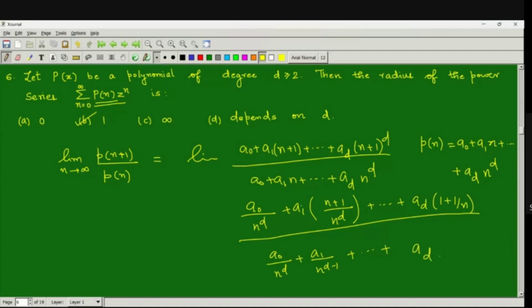As n tends to infinity, the numerator goes to ad, and the denominator also goes to ad. So the limit is 1. And this is how we calculate the radius of convergence. Got it?